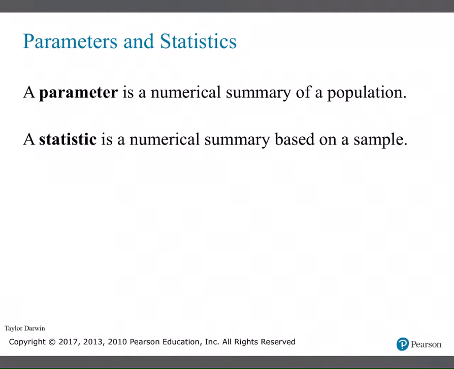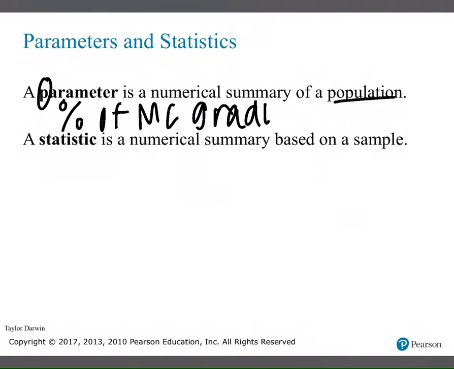So a parameter is a numerical summary of a population. So it's a number that describes the population, and whenever you see population and parameter, they both start with P. So maybe we could just keep going off of Midland College: the percent of Midland College students who actually end up graduating.